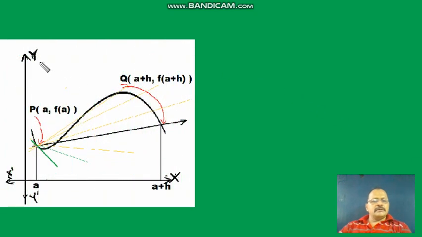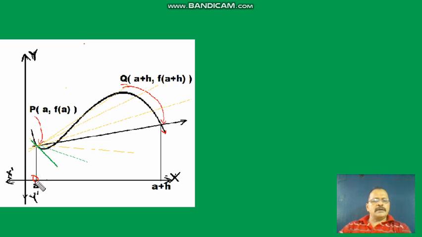First of all, let us establish the relation between derivative and geometry. For that, I have considered one graph. You know that for every graph, by plotting the points x, f(x), we get its graph. Similarly, here one graph is drawn, y is equal to f(x). Somewhere there is a point A on the x-axis.